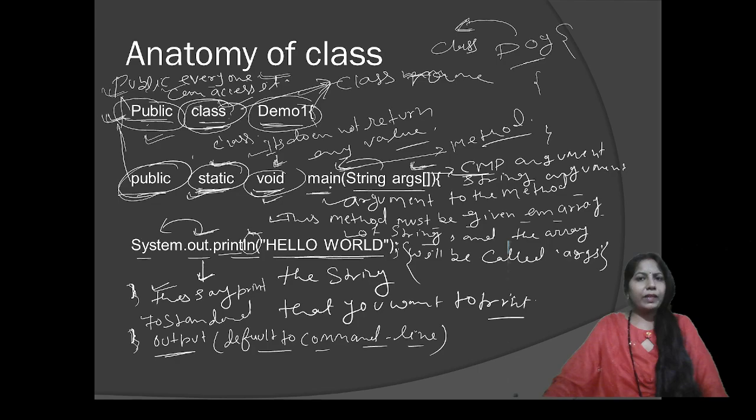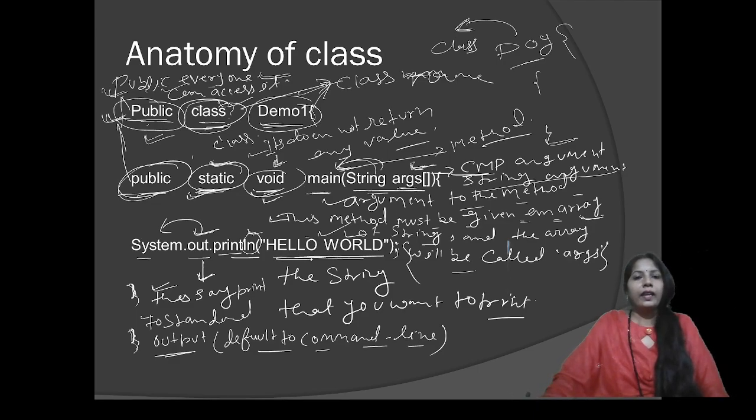Main is the main method, and String args is a command line argument to the main method. This method must be given an array, and this array is called args.